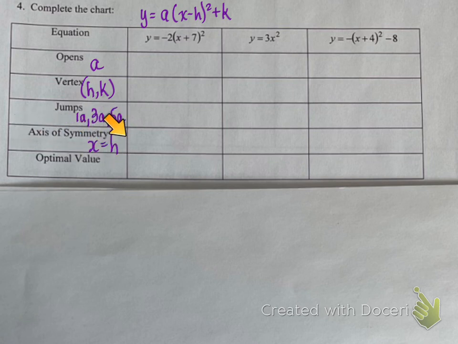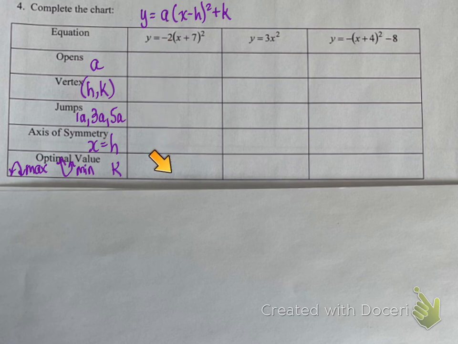It's an equation. And then the optimal value, you will always tell me whether it's a max or a min. Max if it opens down, a minimum if it opens up, and the value. The value is k, folks. That's right. The k value of the vertex represents your optimal value.